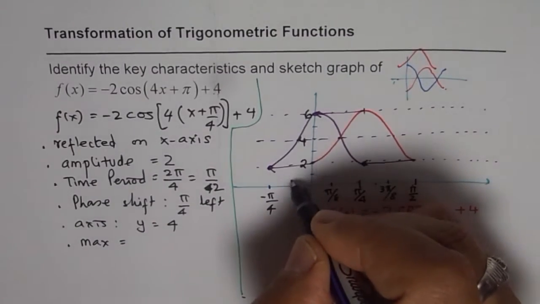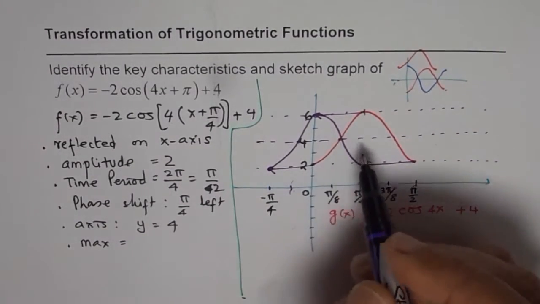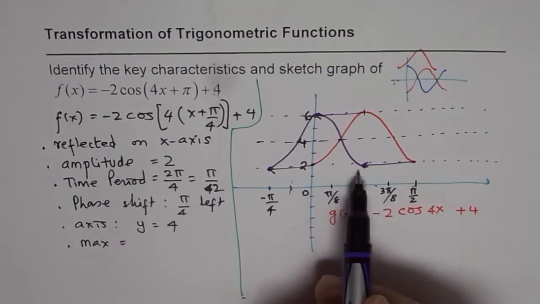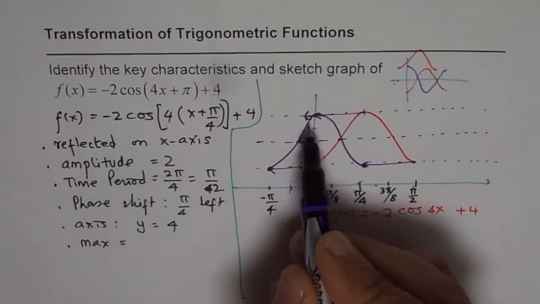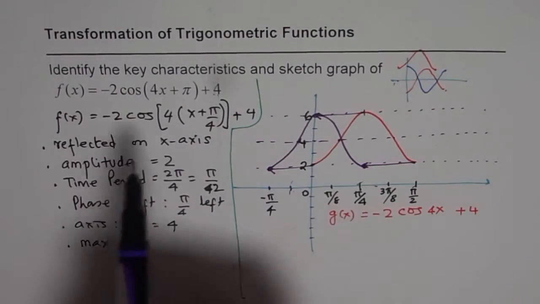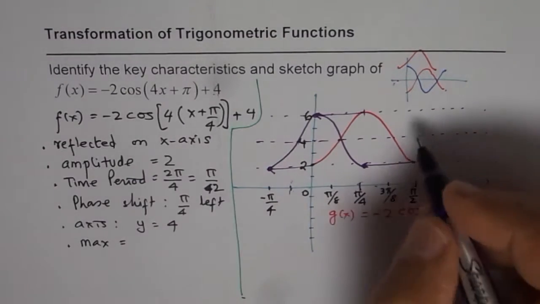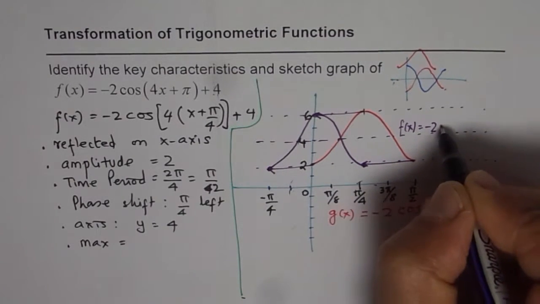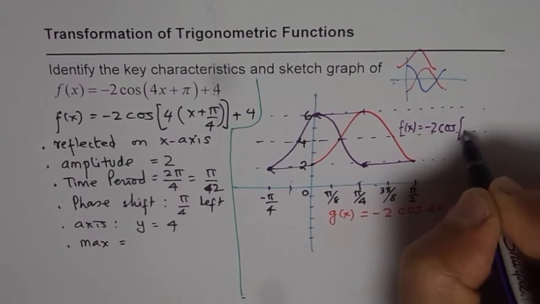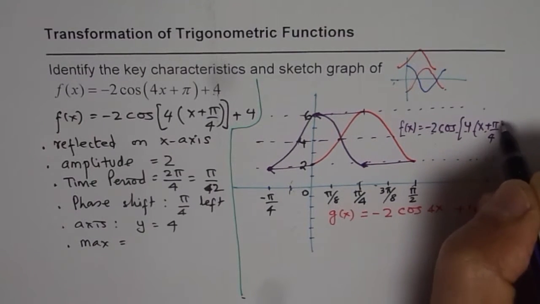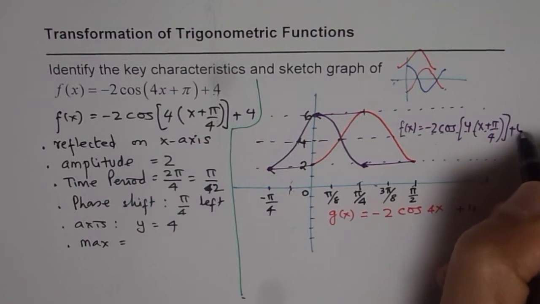So well, I think that's okay. Perfect. So that is how each and every point will be translated pi by 4 left. And that is what you get. One cosine wave. This represents our given function f of x, which equals minus 2 cos of 4 times x plus pi by 4, plus 4. Do you see that?